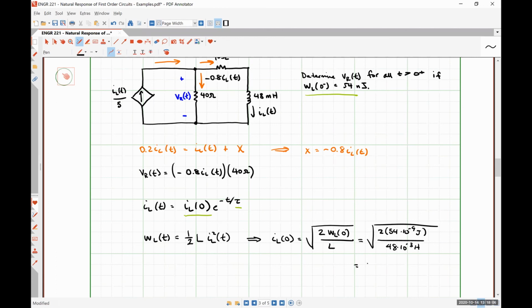I get 1.5 milliamps. Anybody verify that for me? Alrighty. So we now know what IL at 0 is.